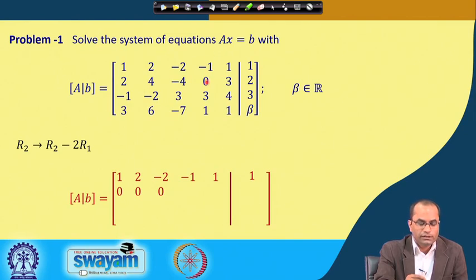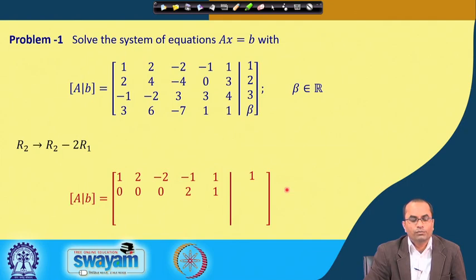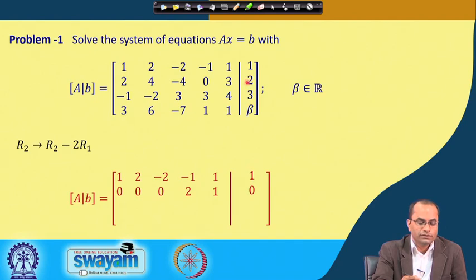Here this will become 2 now, and here 2 minus 2 is 1, and 2 minus 2 will be 0. So this is the new row 2 with this operation, and we continue with this augmented column as well. Here 2 minus 2, that is 0. So this first row operation is completed.